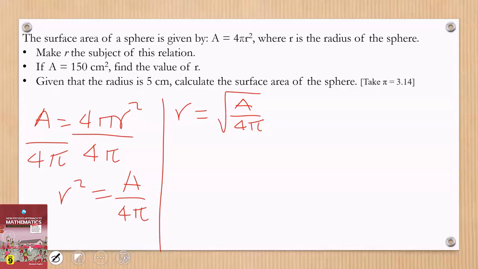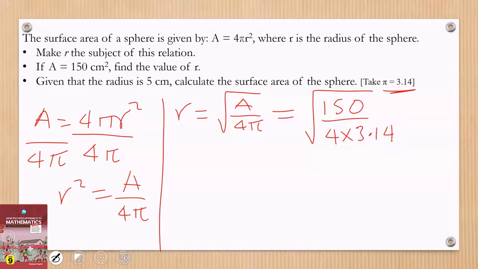So that answers the first part of the question, to make r the subject of the relation. Now they said if A is 150, we want to find the value of r when pi is 22 over 7 or 3.14. So again, we can make substitution. Now we have A to be 150 divided by 4 times 3.14 as our pi. So then r becomes, now we can just put all together and simplify.